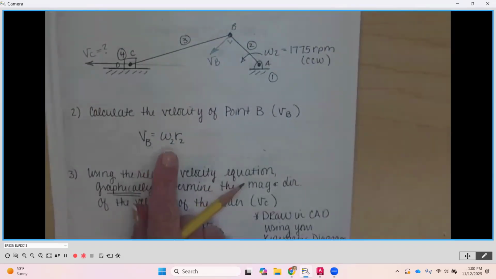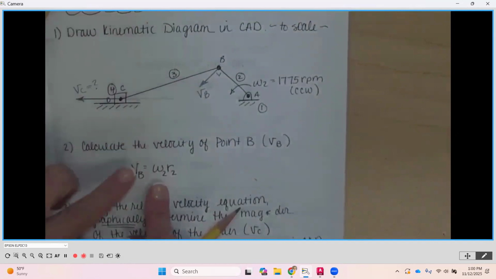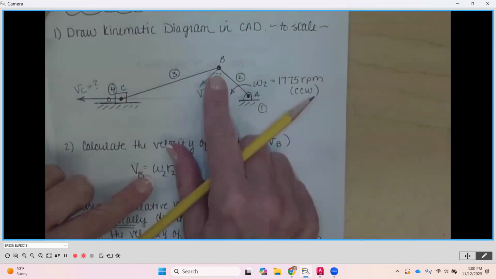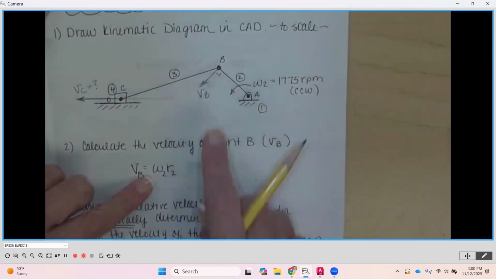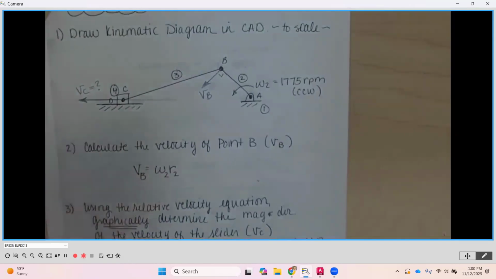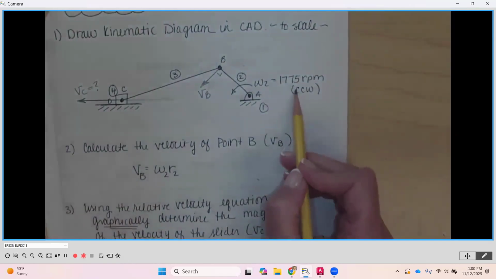Straight line velocity is equal to angular velocity times the distance of that point away from its center of rotation. So we can say the magnitude of the velocity of B is going to be equal to the angular velocity of link number 2, because B is on the endpoint of link number 2, times its radius. When we look here, we know what W2 is, right? We know it's 1775 RPMs.